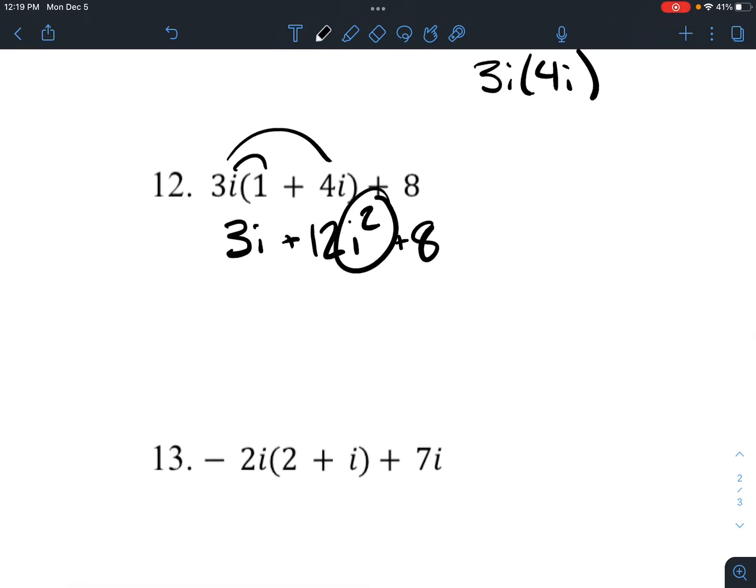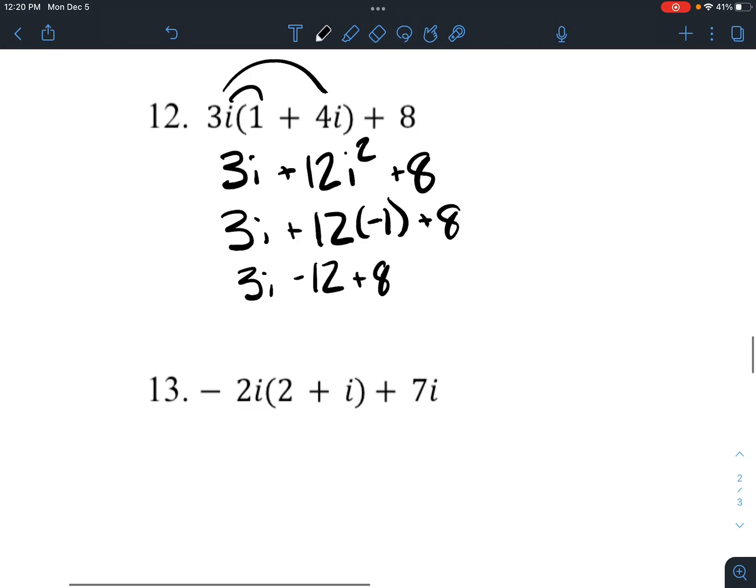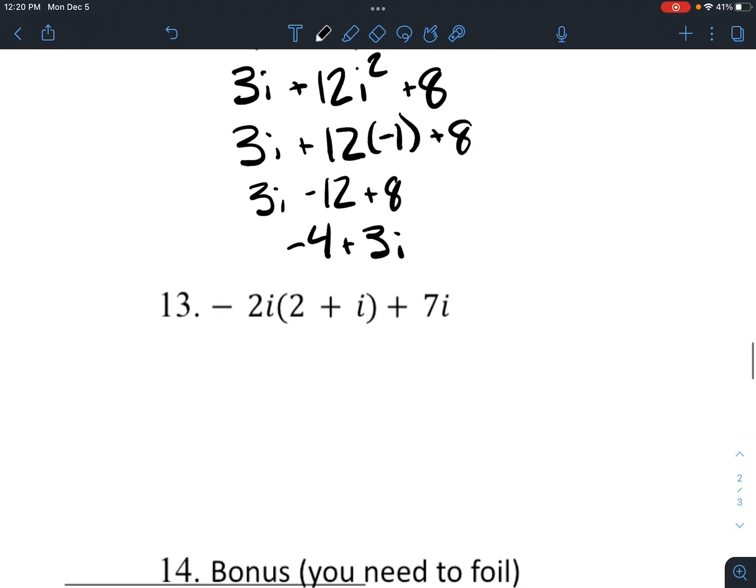And when we have this i squared, remember what the i squared is. That's going to equal negative 1 plus 8. We simplify here and now. We're just going to combine like terms and rearrange. So we're going to have negative 4 plus 3i, and that's our answer.